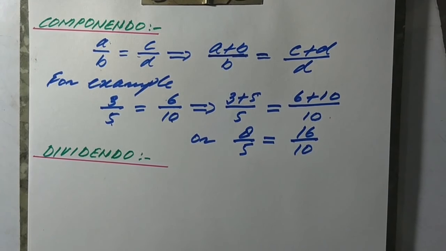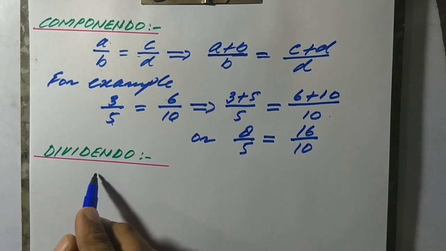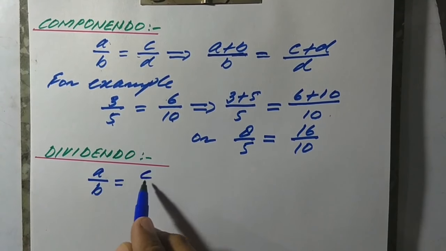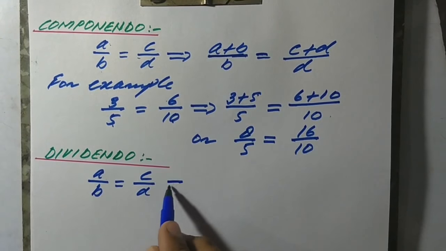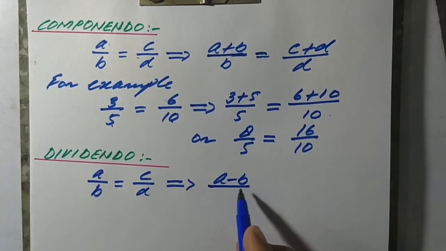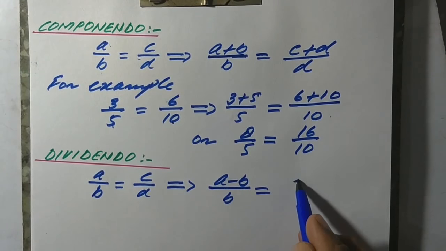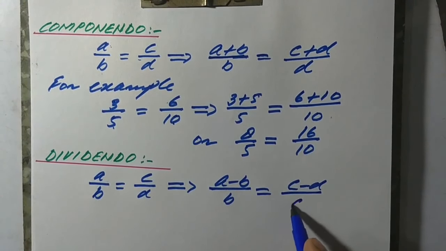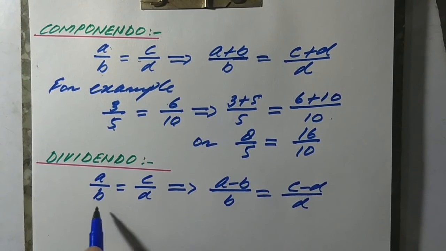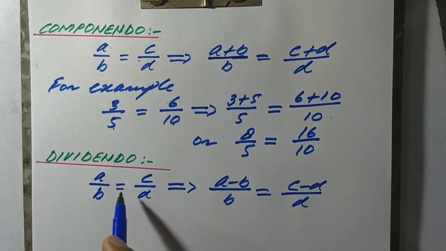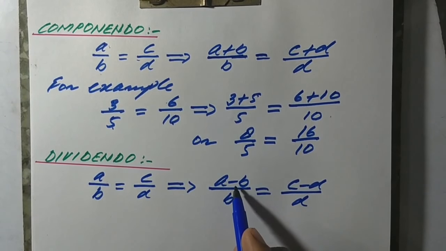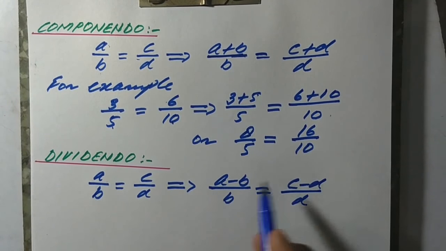Now let's talk about the next law, which is called dividendo. What is dividendo? Let A upon B is equal to C upon D. Implies that A minus B upon B is equal to C minus D upon D. That is, if we subtract denominators from numerators on both the sides of equality, the resulting numbers remain in proportion.